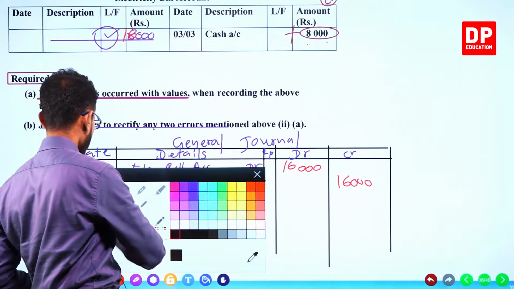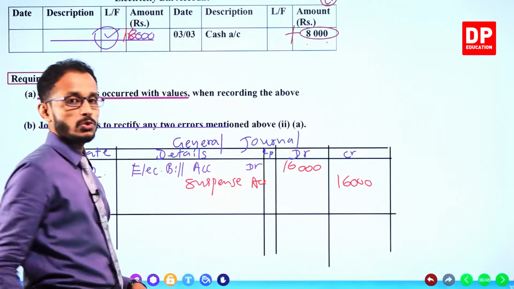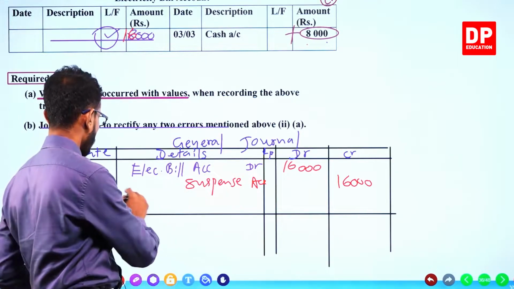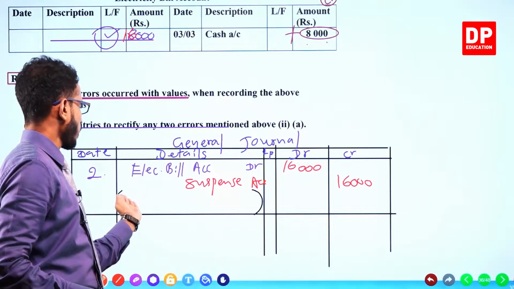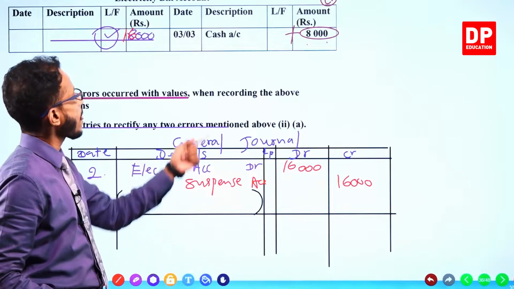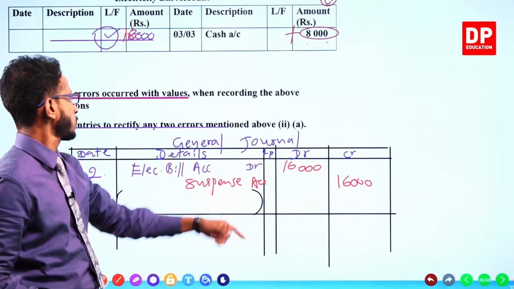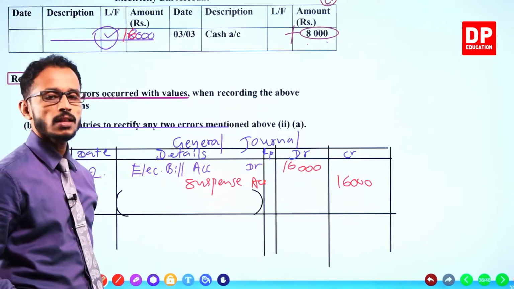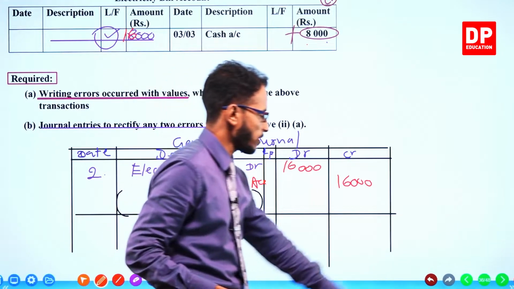Don't just do your journal entries and forget the narration. Corrected the error of crediting the electricity bill account. Yeah, that's what we corrected.